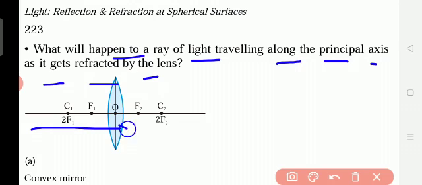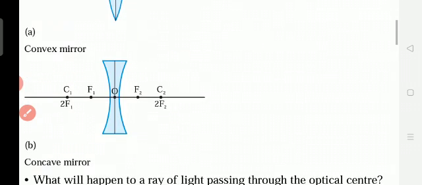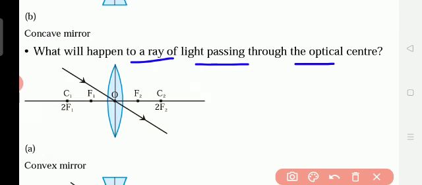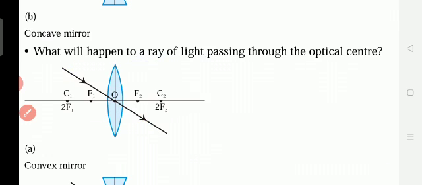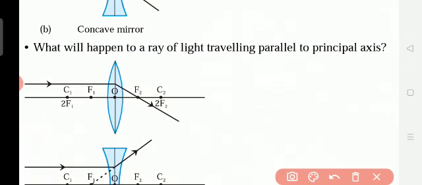Refracted means bending. Next, light passing through the optical center. What will happen? And if the ray is passing parallel to the principal axis, afterwards it refracts when it passes through the lens. Refracting means bending of light.